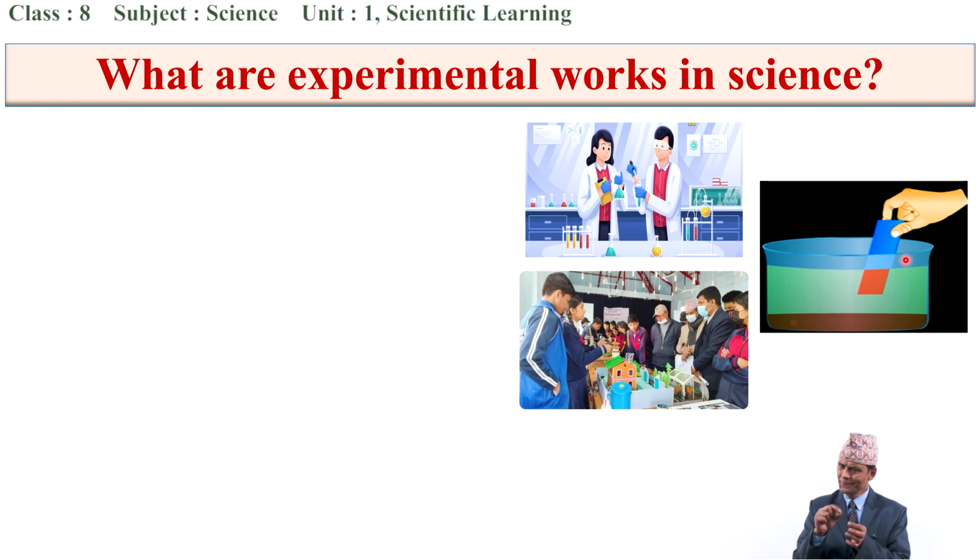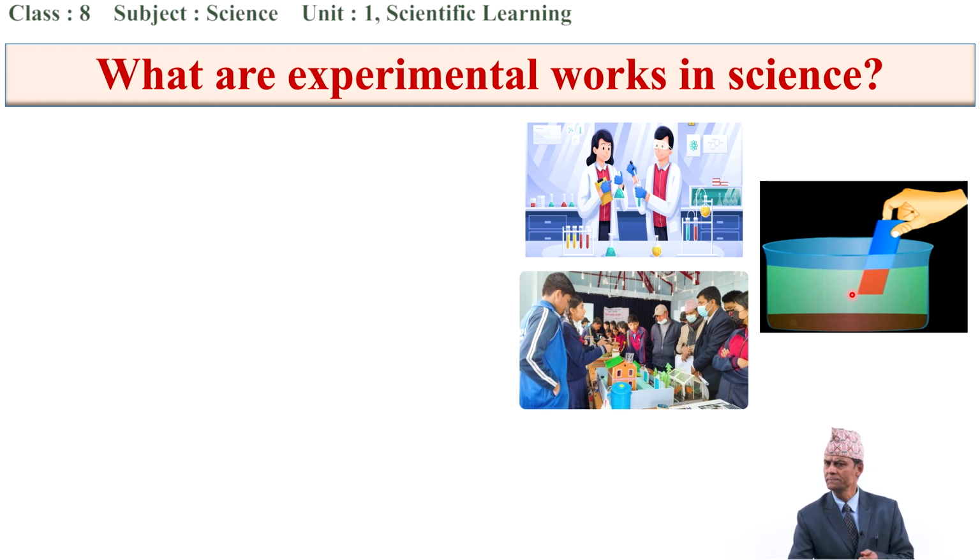Look here, what do you observe? Here blue color is converting into red. What is that? That is litmus paper, yes. Blue litmus paper is converted into red. How is it possible? Yes, this solution must be acid. Acid converts blue litmus paper into red, which we can study in the acid, base and salt chapter, isn't it?